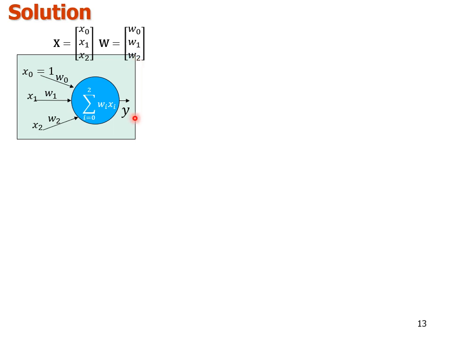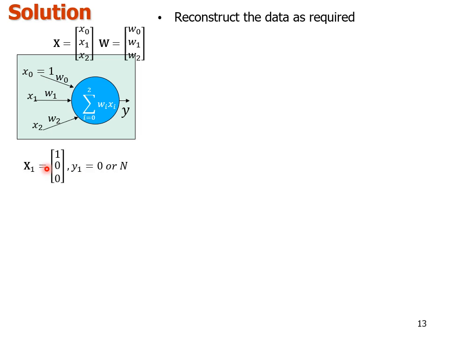With this perceptron configuration, we are supposed to reconstruct our data as per our requirement. Now the feature vector capital X1, which earlier had two elements 0, 0, now we add one more element x0 into this vector, and x0, as we know, is always equal to 1. So capital X1 is the vector 1, 0, 0, and the associated label y1 is equal to 0 or n, that is the negative class.